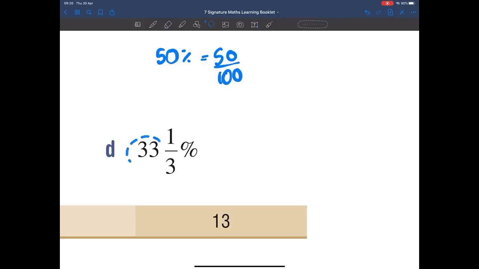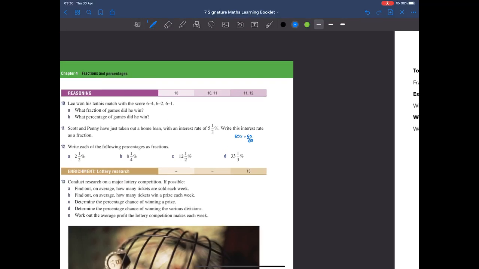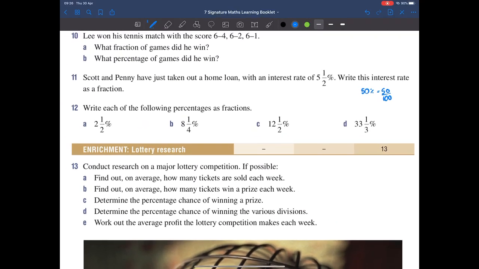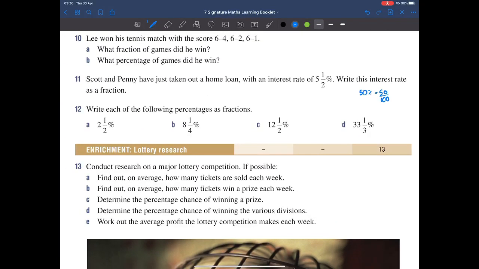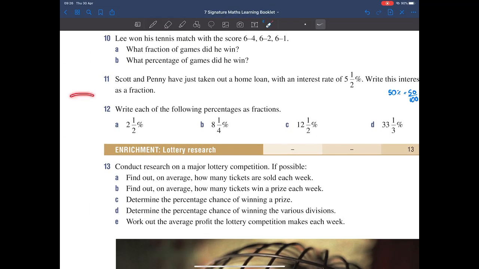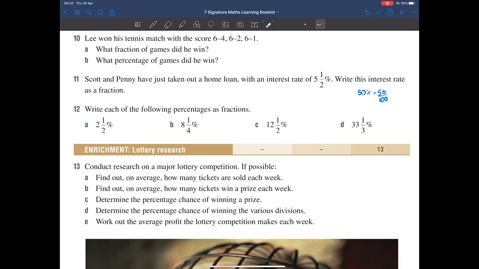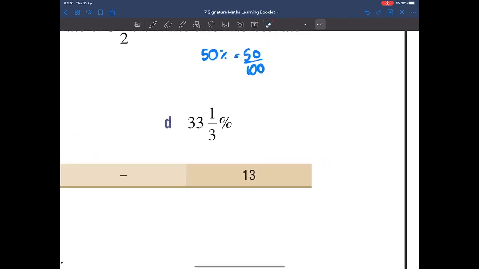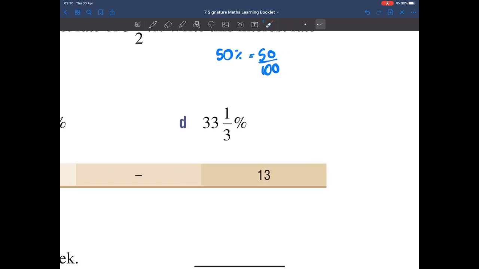We've got 33.33%. So we've got a couple of different strategies here. First of all, it doesn't look like there's an example related to this. See how there's normally text here saying, example 27, but it's not there. So it's up to us to have a think about it.